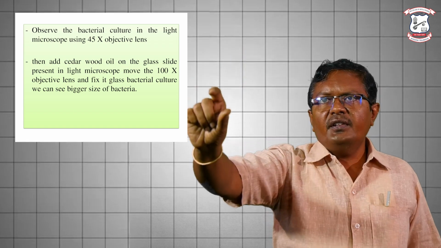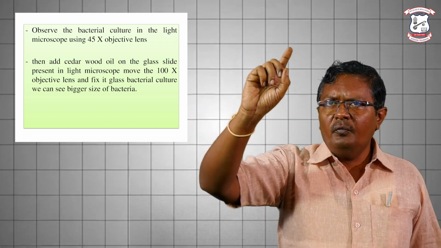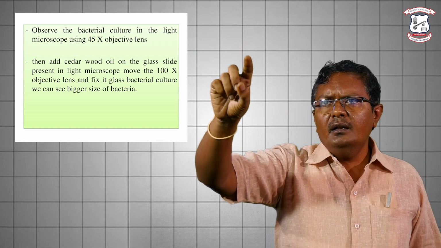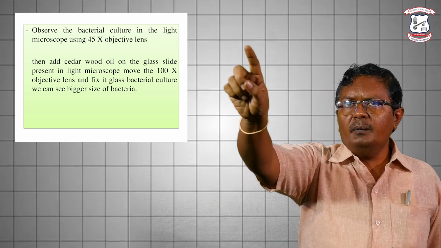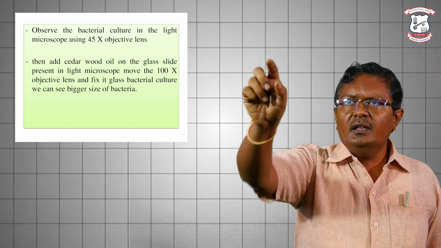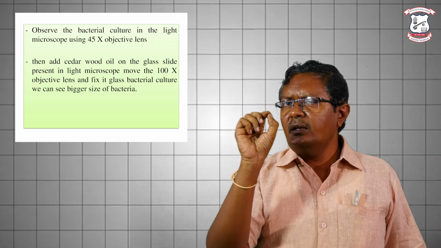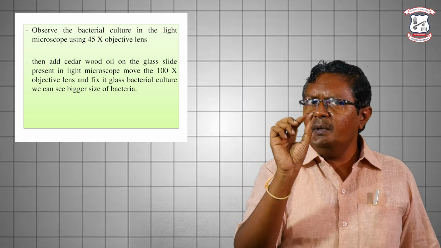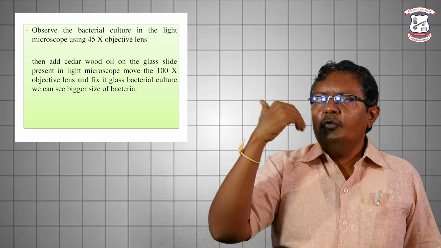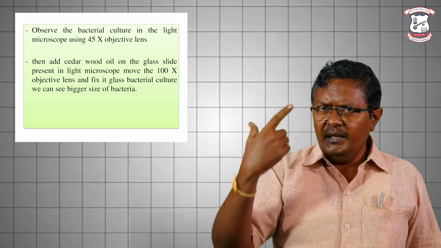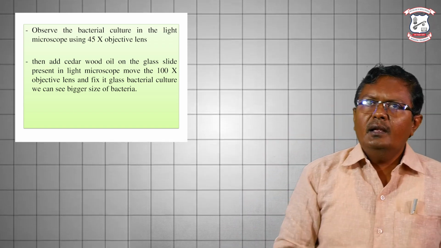There are different sizes, 4x, 45x, and then 100x. When you are seeing the bacterial culture in the 45x objective, the size will be a little bit small.